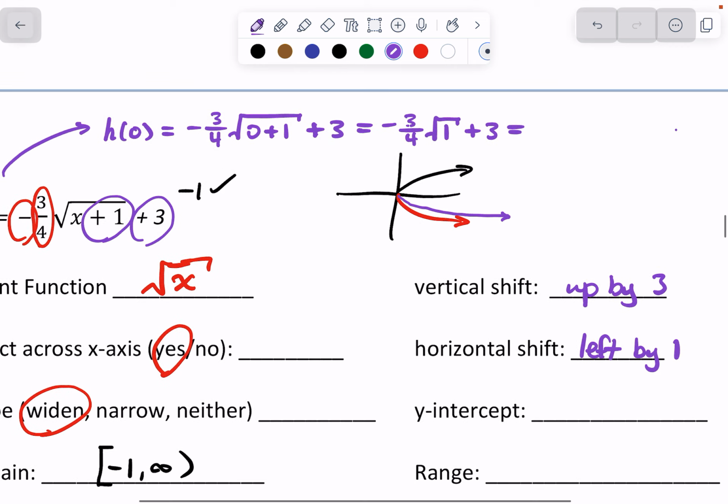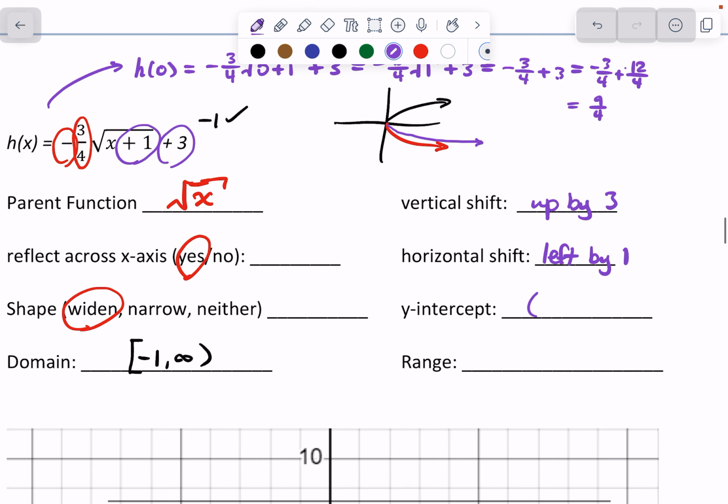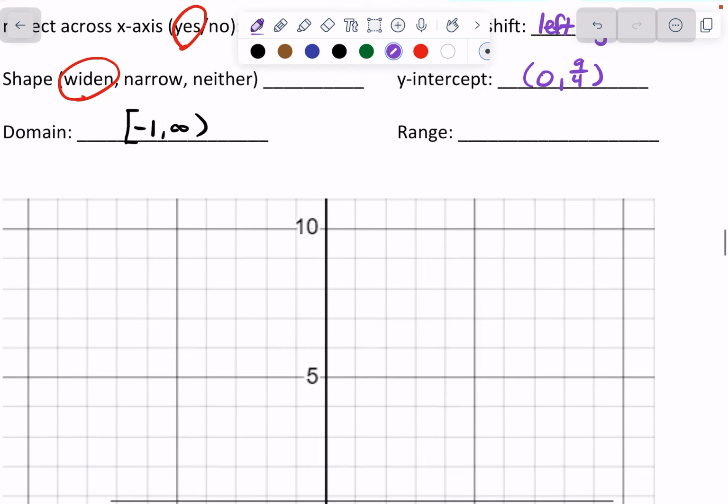Okay, so we have square root of 1 is 1. So we're just left with -3/4 plus 3. That's -3/4 plus 12/4. And that gives us 9/4. All right, so our y-intercept is 0, 9/4.